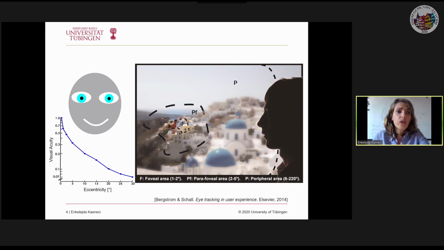That's why we as humans are forced to move our eyes and also our heads in order to perceive the scene as a whole. So what looks like a physiological restriction on the one side is a very good source of information on the other side, because just by observing the eye movement, we're able to infer actions or intentions of the user.